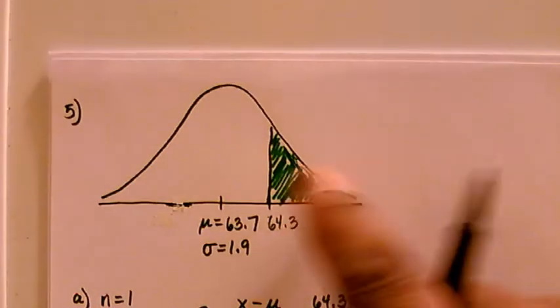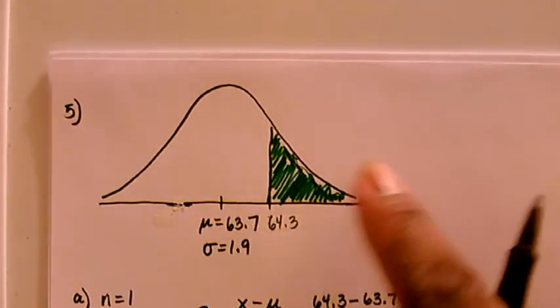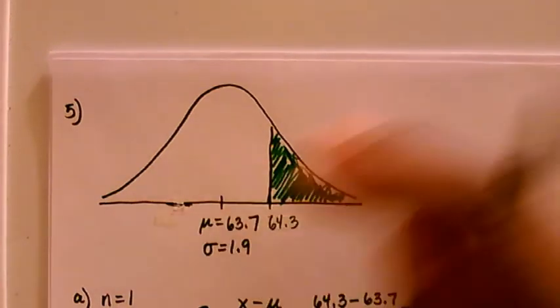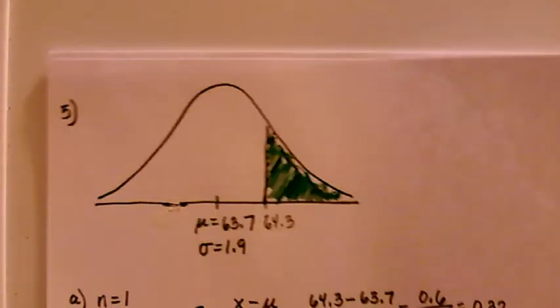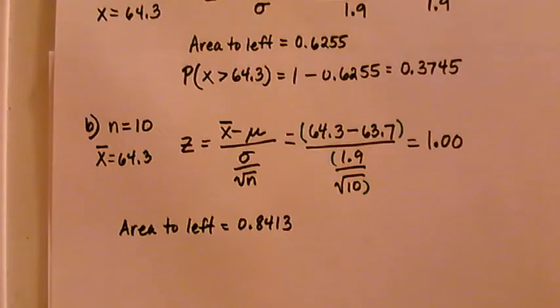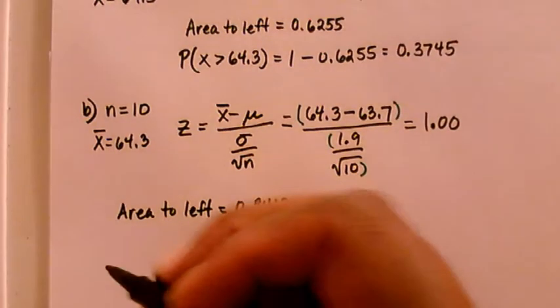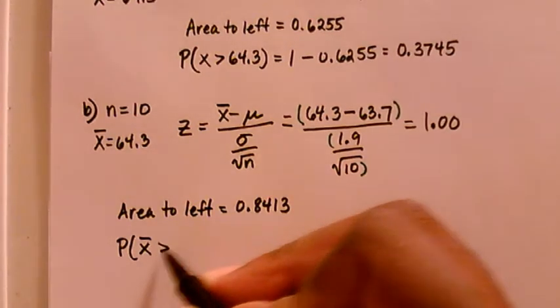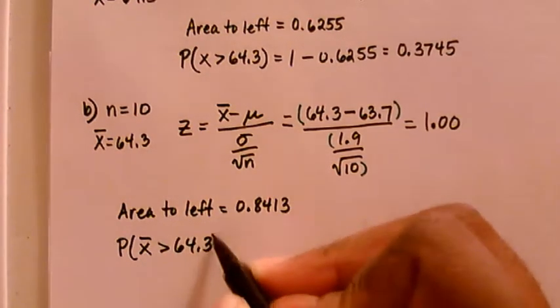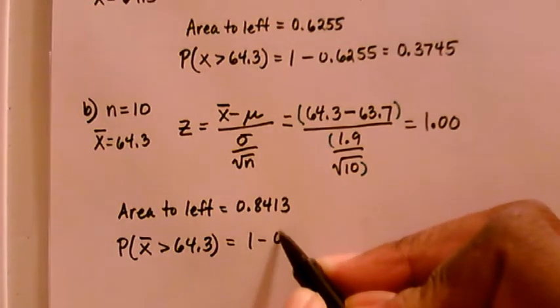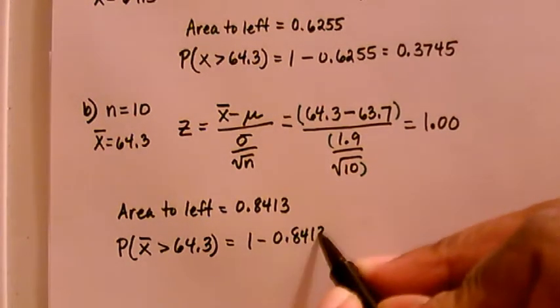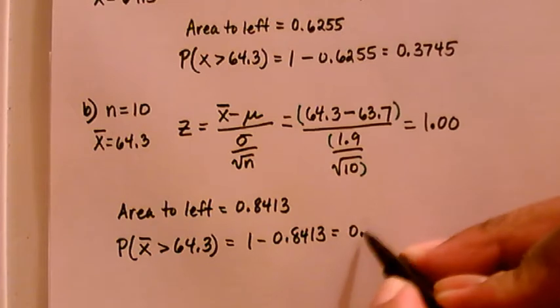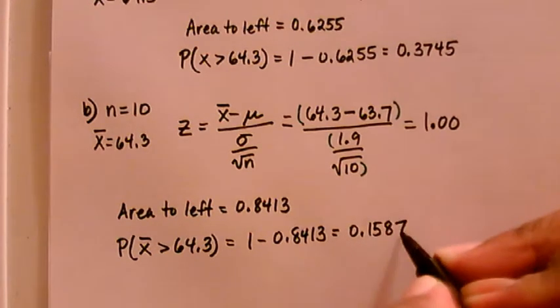Let's go back up here. I want the shaded area to the right. Okay? Because the table gives me the area to the left. To find the area to the right, you have to do some subtraction. So here, when I write this, the probability that the mean is greater than 64.3 will be 1 minus 0.8413, which will be 0.1587.